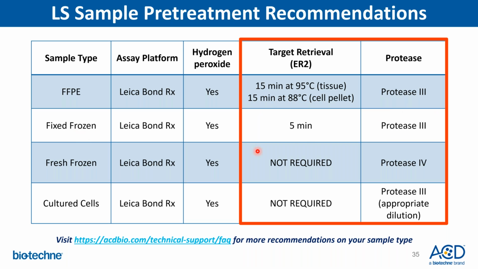For fixed frozen, you would do 5 minutes, just like the manual version, and protease 3 for the protease enzyme. And then fresh frozen, again, since it does not require any target retrieval because of no fixation, it will get a stronger protease, which is protease 4. And cultured cells, like the manual option, do not require ER2 or target retrieval, but will use protease 3 with an appropriate dilution.